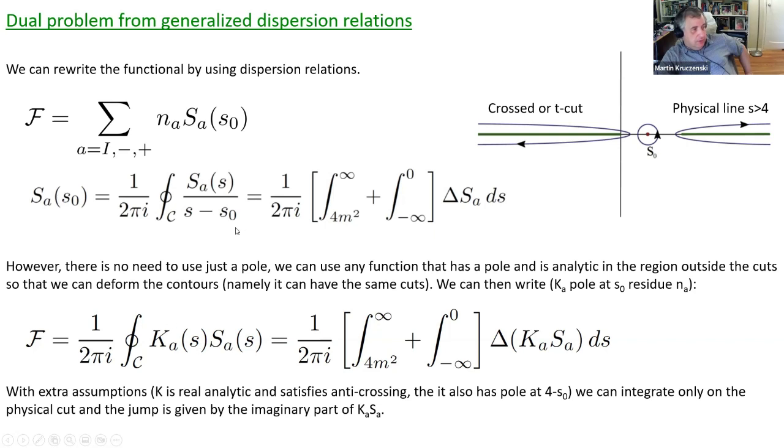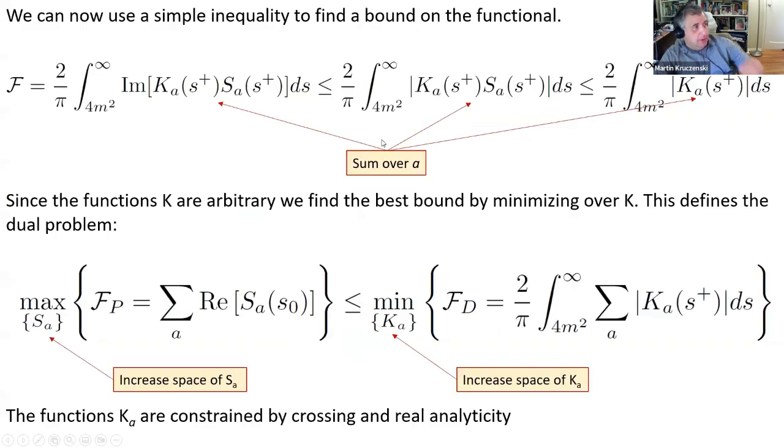I just need to put a function that has a pole there, but can have cuts, because I'm not going to deform the contour across the cuts. So this function K can have cuts in the green lines, and the function will still be given by the integral of the jump on the cut.